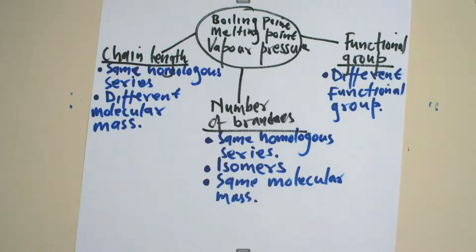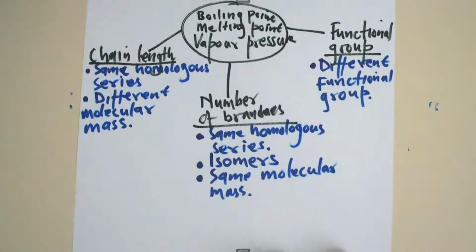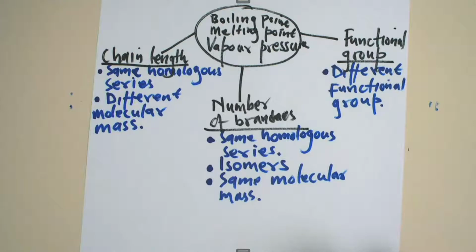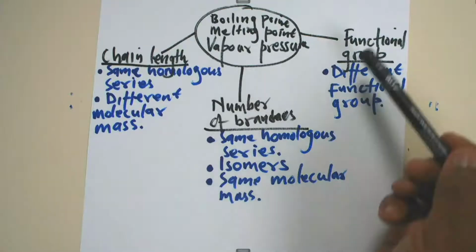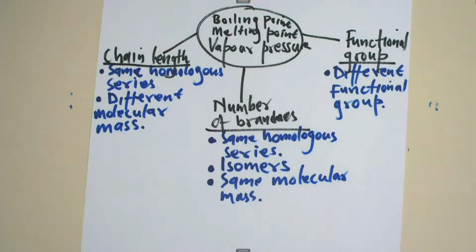And I said if I am sitting in an exam, before I can answer any other question that has to do with physical and chemical properties, the first thing to do is to ensure that I know which factor I am being assessed on.